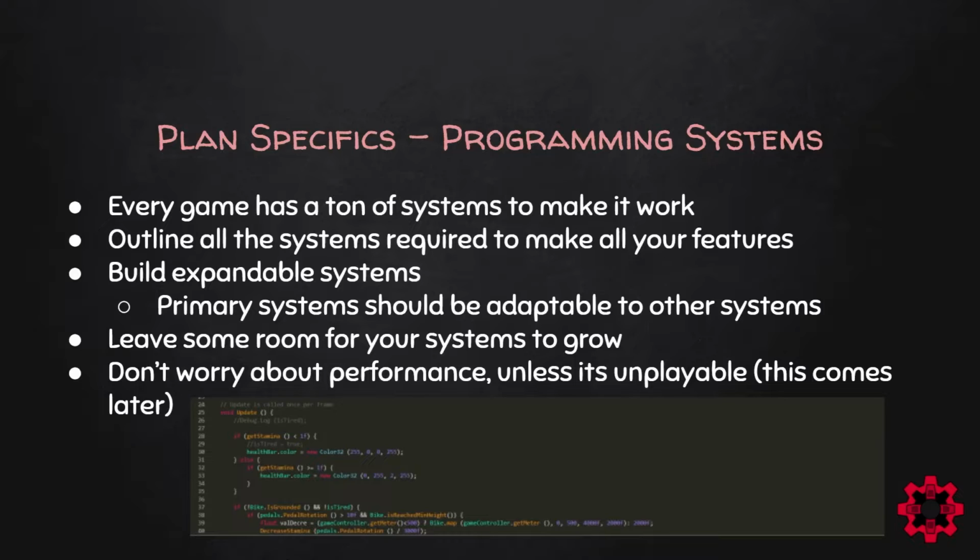You should have a good set of files or folders that group your systems together, so you can constantly go back and see, oh, where's the player health system? It's through this file and this folder, and there it is. Oh, where's the trigger stuff? It's through this folder and this folder. The idea with programming is that you want to constantly make it easier for you to program, and not make it a web of stuff that makes it harder to program.